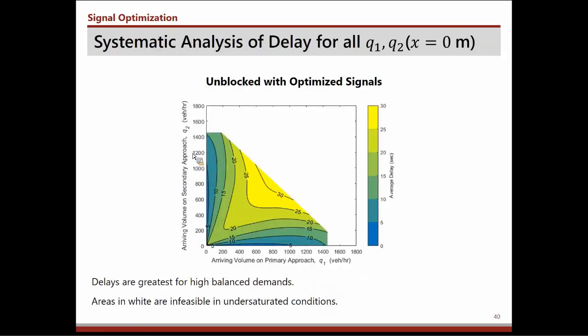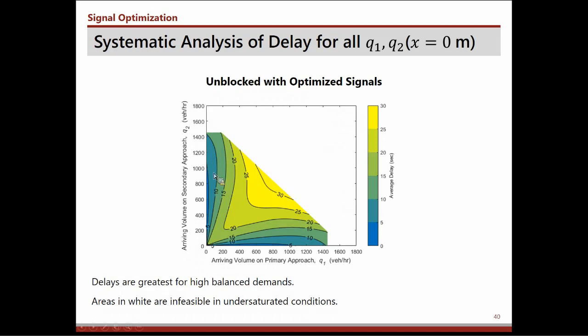And then a final way that we looked at this was to try to compare the delays, the average delay per vehicle, across combinations of arriving demands. So supposing we had a primary approach and a secondary approach, maybe they don't have symmetric arriving demands, then for any combination, you could optimize the signals and see what the average delay would be. And in an unblocked intersection, this is the set of values you would get, right?